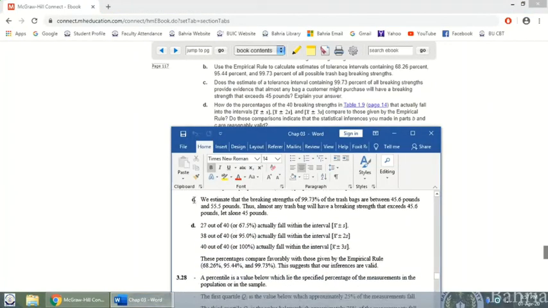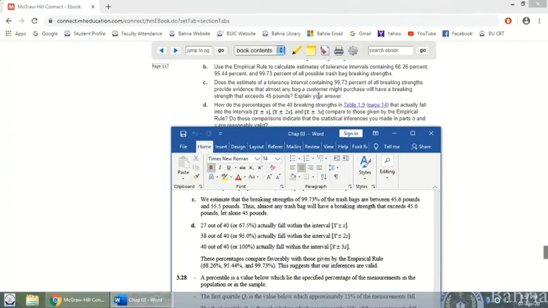Yes. Again, similar, I think they've asked us about the tolerance interval. Does the estimate of tolerance intervals containing 99.73% of all breaking strengths provide evidence that almost any bag a customer might purchase will have a breaking strength that exceeds 45 pounds?